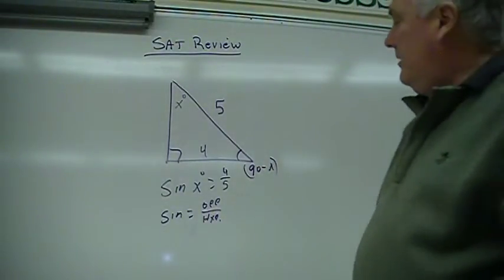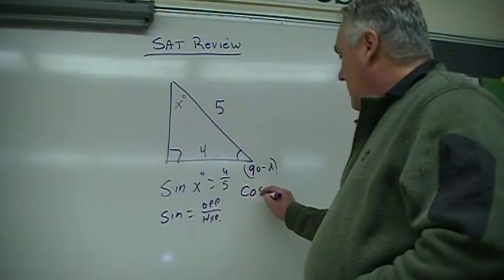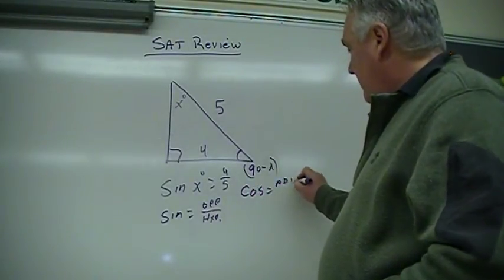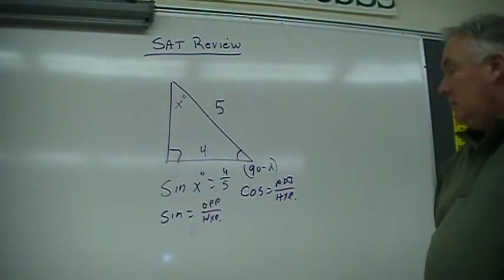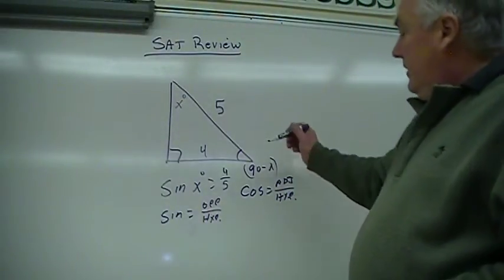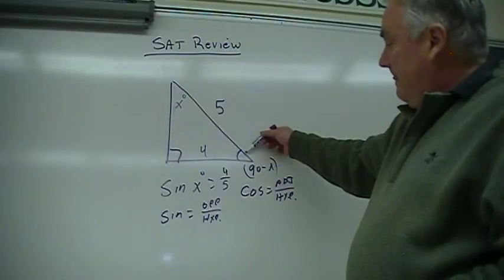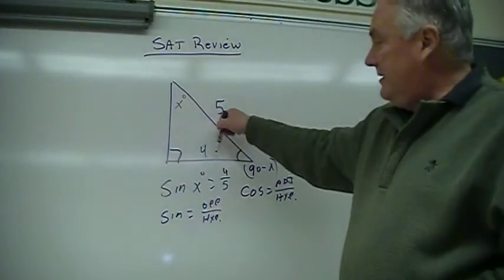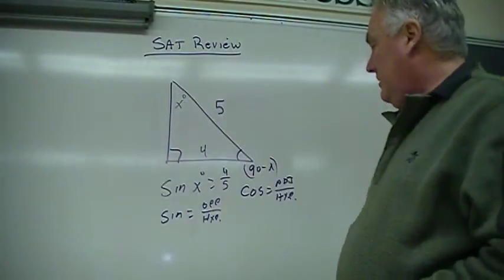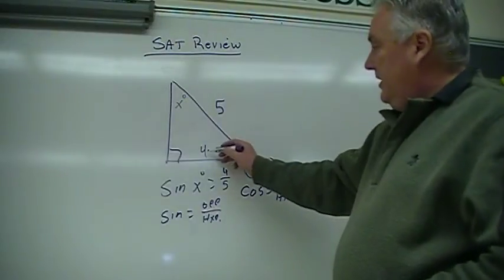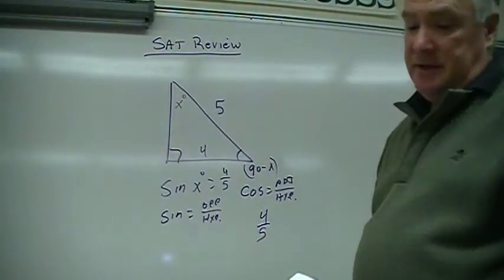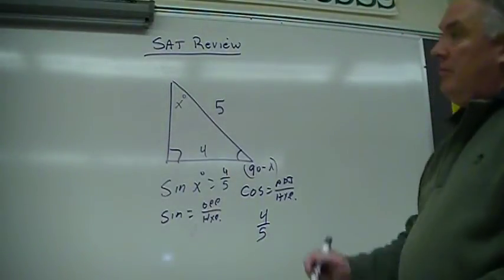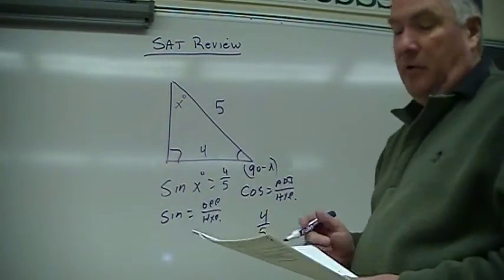And cosine is equal to adjacent over hypotenuse. And so if we're dealing with the other angle, adjacent is the same as opposite for the x. So for adjacent, it's 4 over 5. So our answer is 4 over 5. And you would write that in the bubble sheet as 4 over 5.